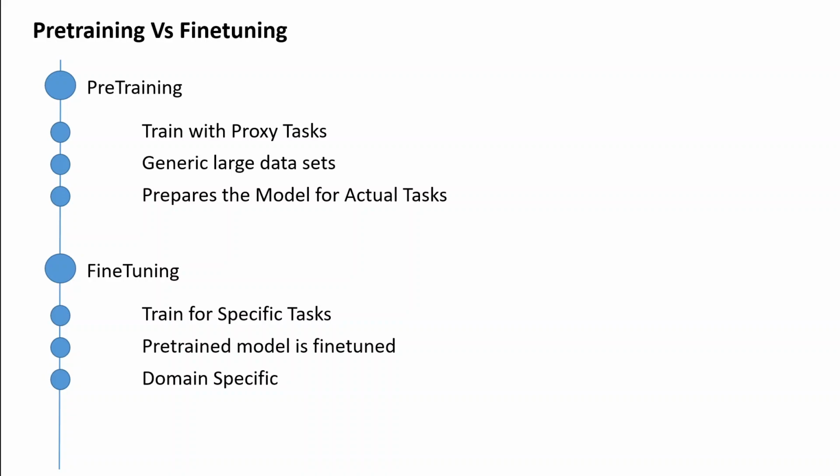Once it has been pre-trained on the publicly available large data set, then you will point that foundation model to your own company's data and fine-tune it according to your own use case or specific task. So this is what the difference is between pre-training and fine-tuning.